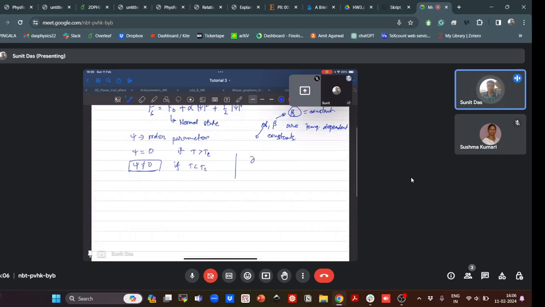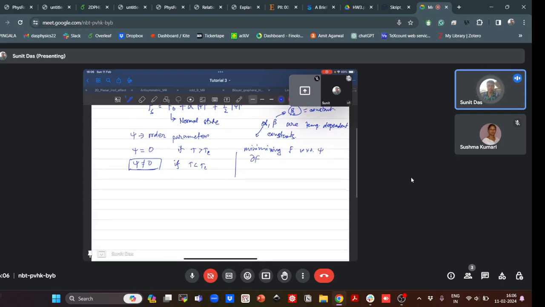And after minimizing f with respect to psi, that means del f del psi equal to 0, we got that mod psi is root over minus alpha by beta, right?